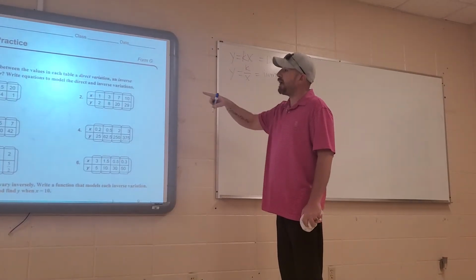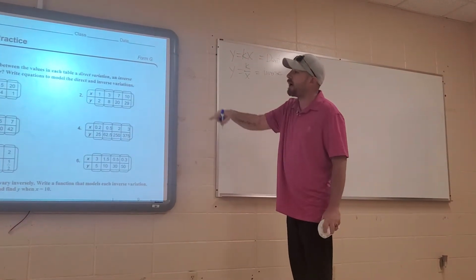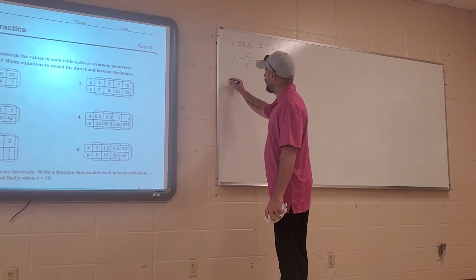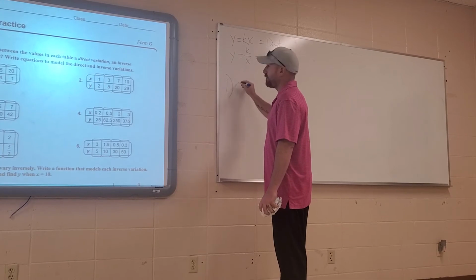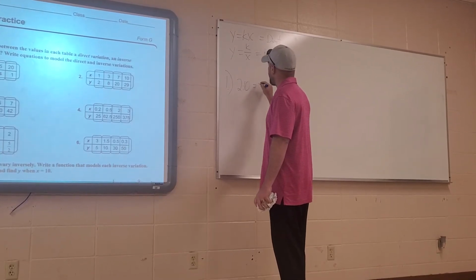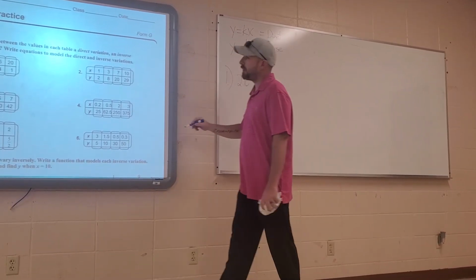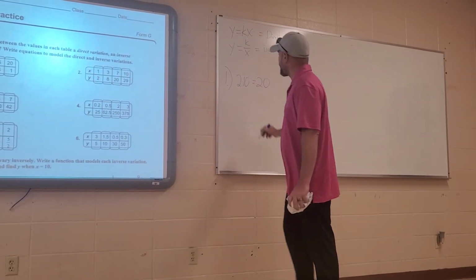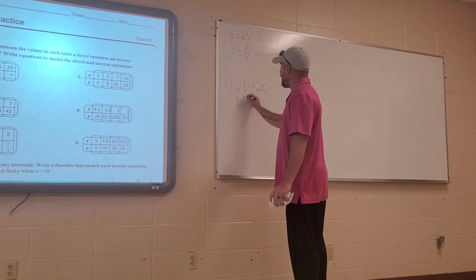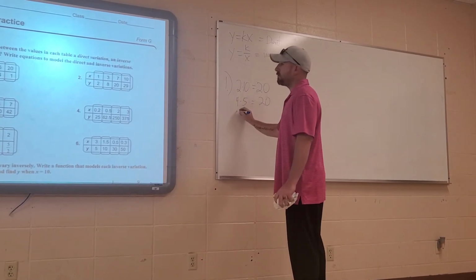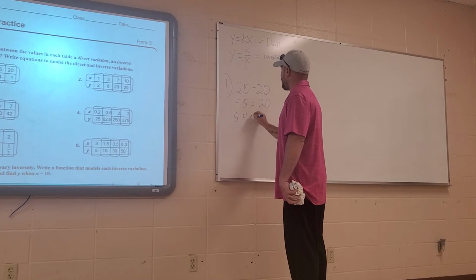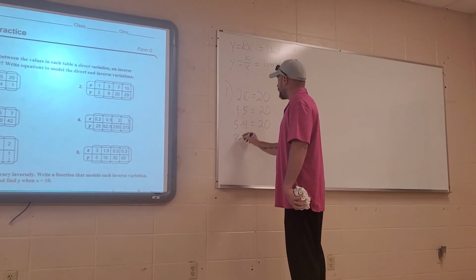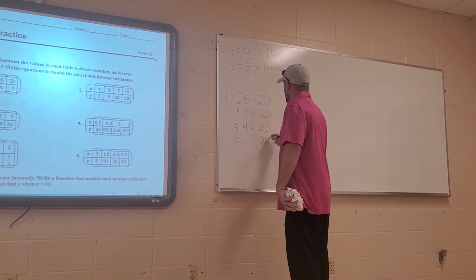So what you do is, you just take x and y and multiply them together. So, number 1, you have 2 times 10. That's 20. All right, I multiplied this number times that number. So now I'll do the next one. 4 times 5. That's also 20. 5 times 4, also 20. And 20 times 1, also 20.